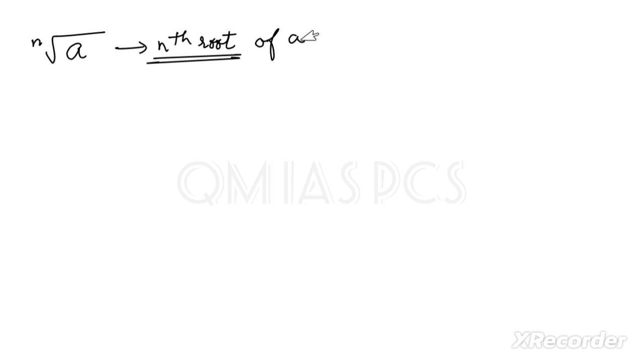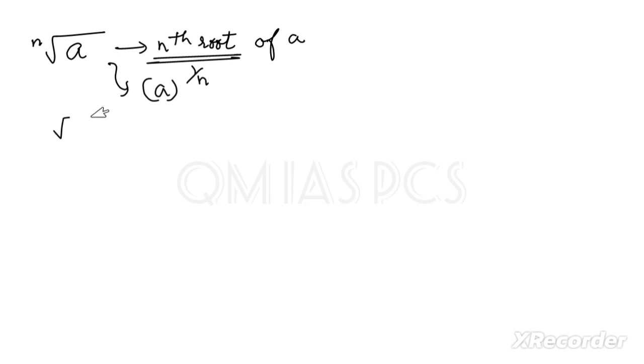One more theory we have to discuss is the root. Whenever there is a root with n written on it, this is called the nth root of a, so this will be a to the power 1 by n.